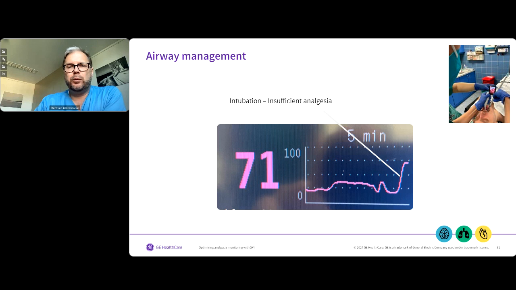We could wait a little bit and did another try of intubation, which was much smoother, with no increase in Surgical Pleth Index and immediate performance of the airway.